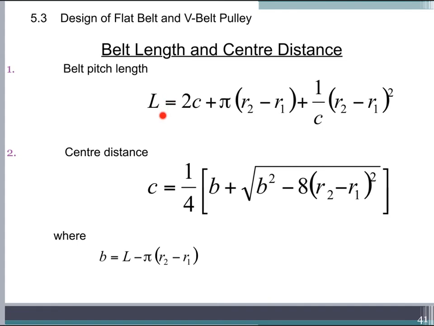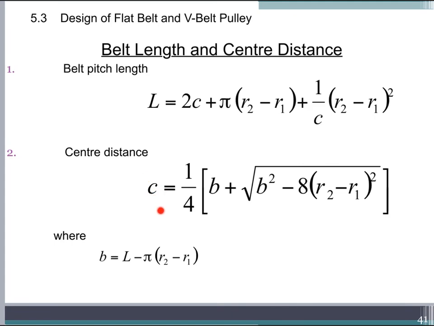First we can find the belt length by using this formula, which is belt length L is equal to 2c plus pi (r2, which is the large pulley, minus r1, the small pulley), plus 1 over c times (r2, the large pulley, minus r1, small pulley) to the power of 2, where c is the center distance between two pulleys, between the driver and driven pulley.